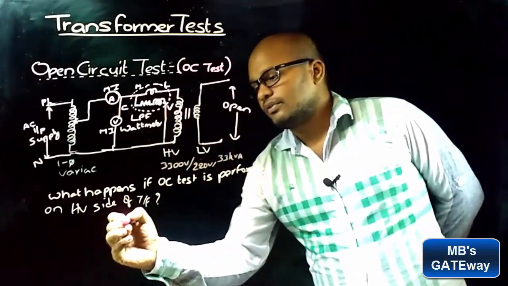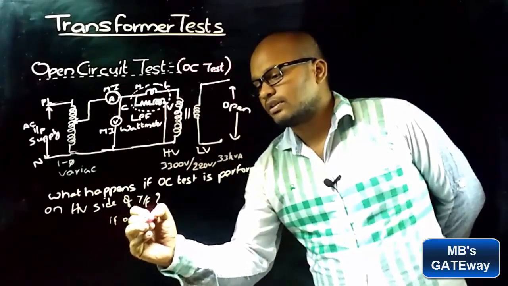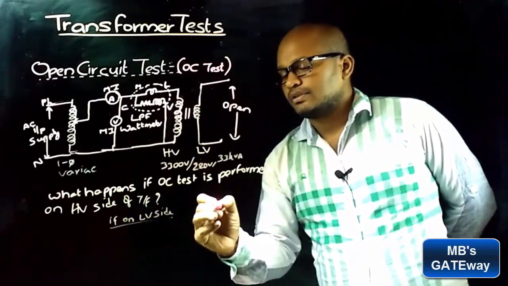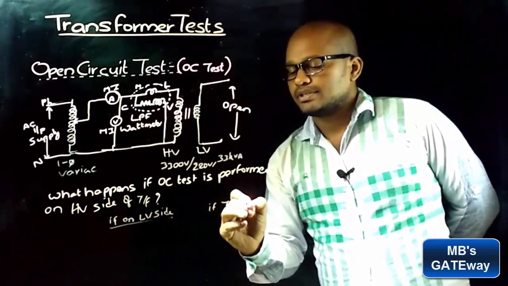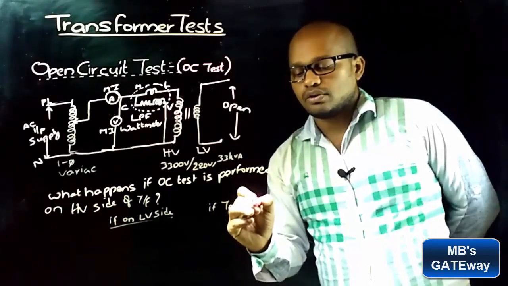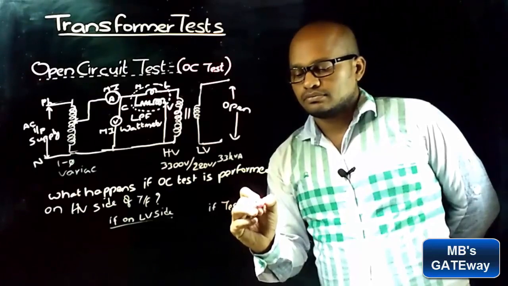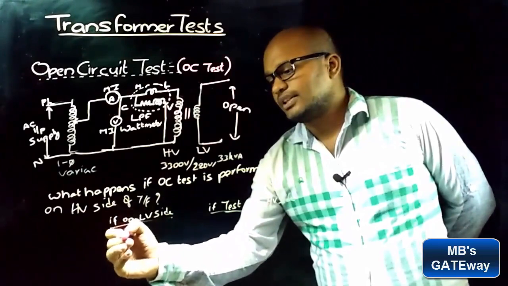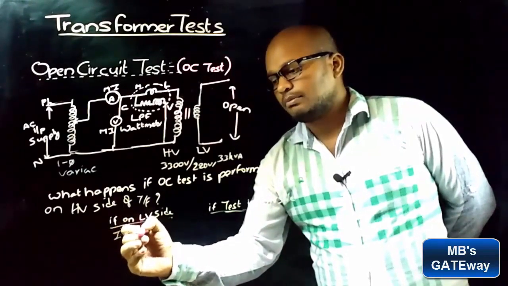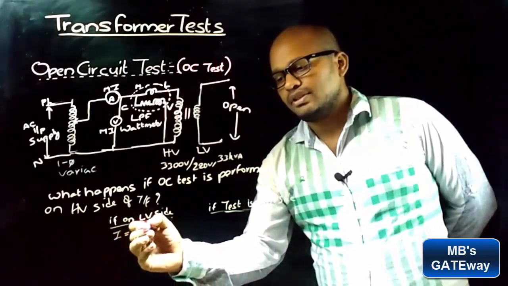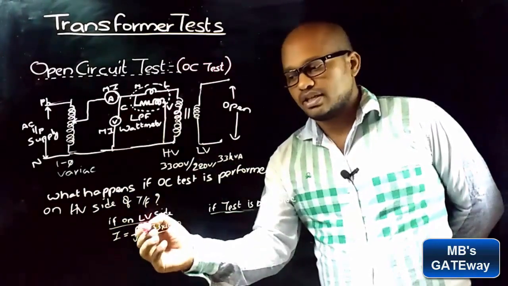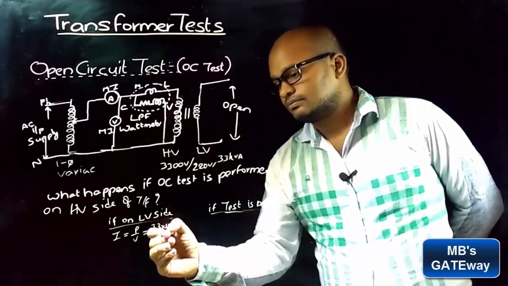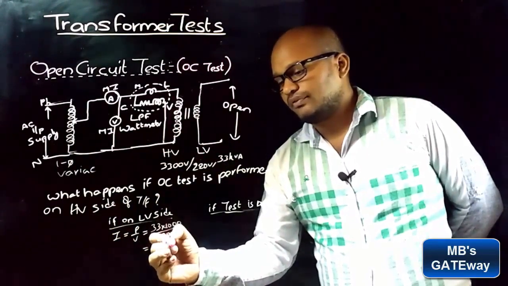So if the test is performed on the LV side, or if the test is performed on the HV side, on the LV side the rated current I is equal to P by V, where P is the rating of the transformer and V is the rated LV voltage. Rated LV voltage is 220 volts. So that gives you 150 amperes.